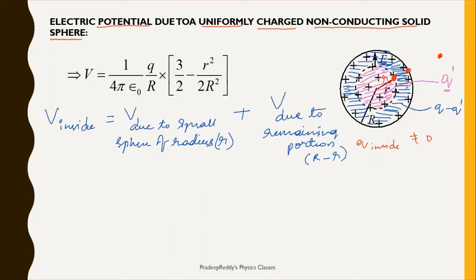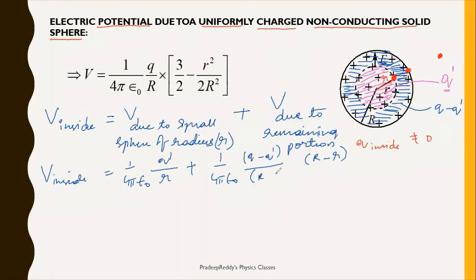So for that, first you need to find out how much is charge q dash. So V inside is equal to potential due to this sphere, which will be 1 by 4 pi epsilon naught, what is its charge? q dash divided by, what is the separation? Small r, plus potential due to this remaining portion, which can be 1 by 4 pi epsilon naught Q minus q dash divided by separation. This separation is not constant, it is variable. So here you should not take capital R minus small r.